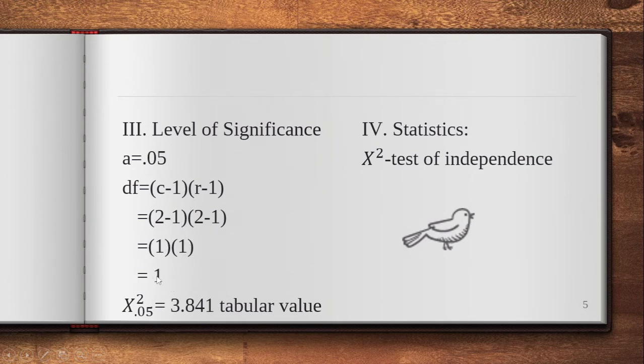So, the final answer is 1. So, the chi-square 0.05 or the tabular value is equal to 3.841. Now, in statistics, we have the chi-square test of independence.